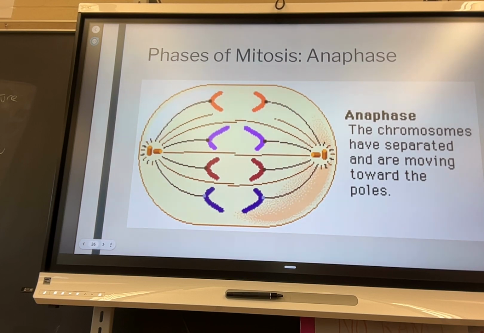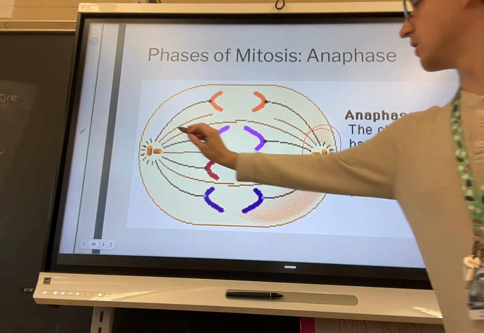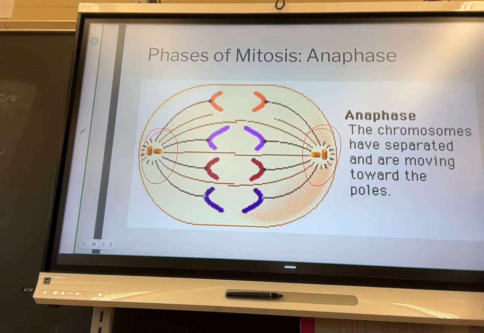So this is going to take a lot of energy on the centrosomes part, but they're going to start pulling these chromosomes apart and pulling them to the different poles, the different sides of the cell. Kind of like how we have the north and south pole on the Earth. These ones are going to start being pulled to the poles.